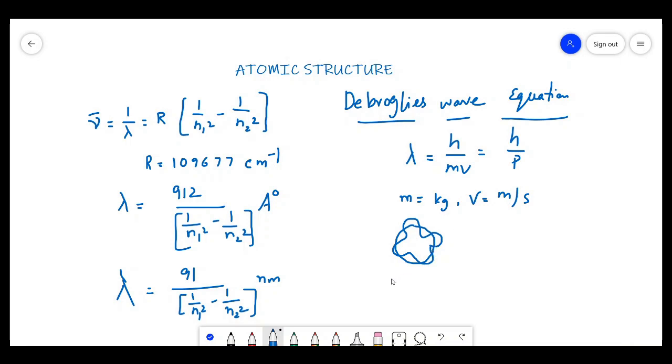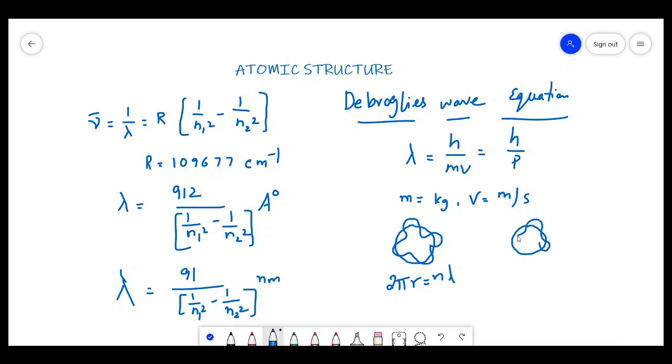And in this standing wave, 2 pi r is equal to n lambda. Suppose if the electrons are being excited and de-excited, they are not revolving in the same orbit. In this case, the wave is said to be discontinuous, or this is called a non-standing wave.